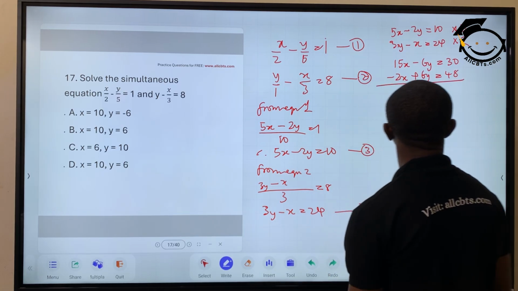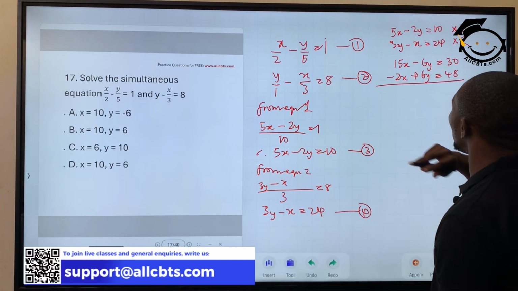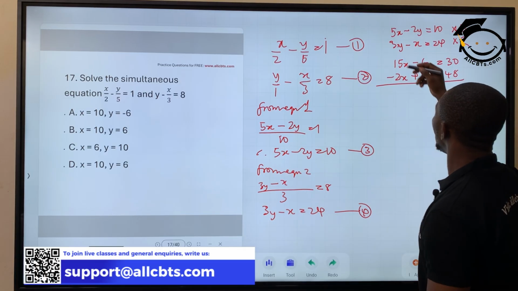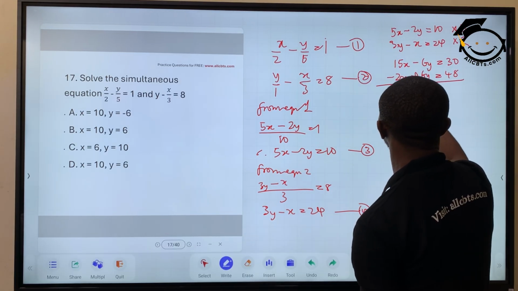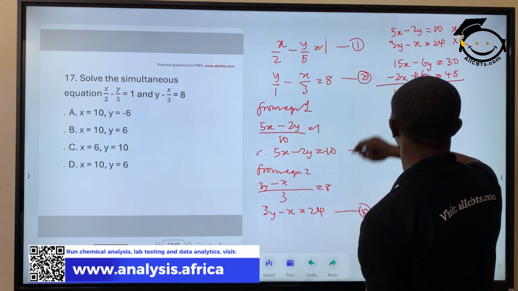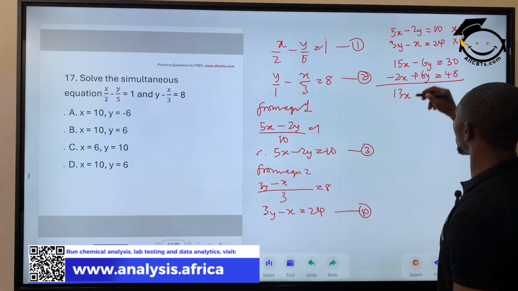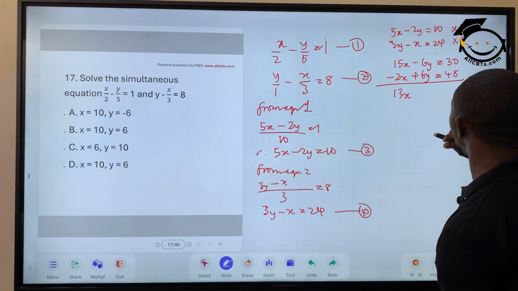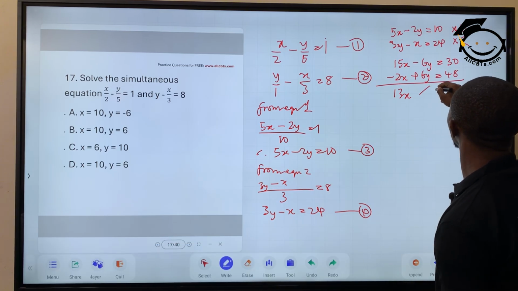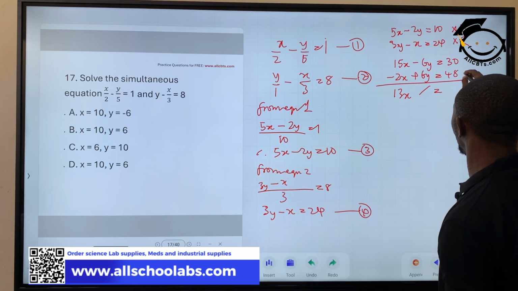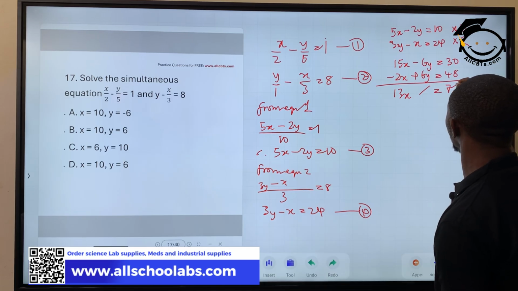All right, so we can now eliminate. Since they're having different signs, we do what? We add. This 15 minus 2 will give us 13. Okay, 6 minus 6 will give us 0, and 48 plus 30 will give us 78.